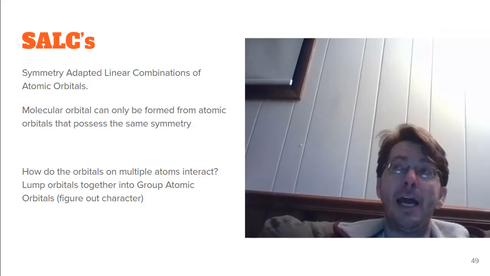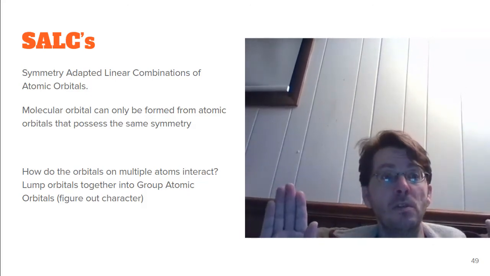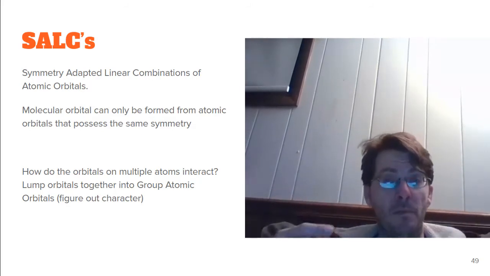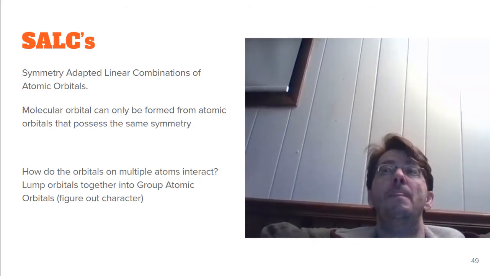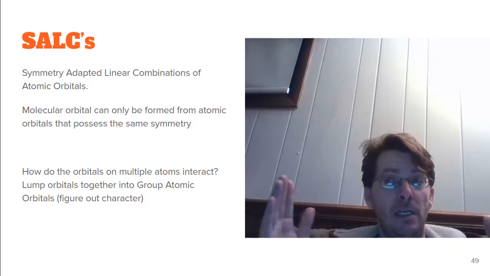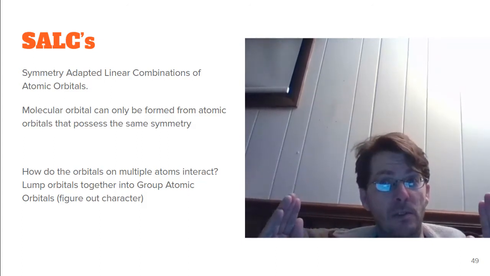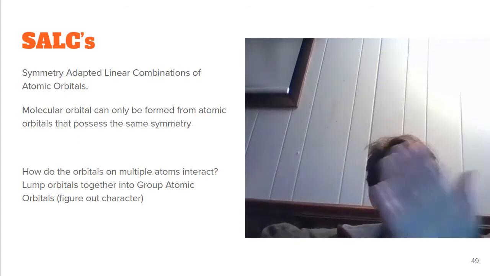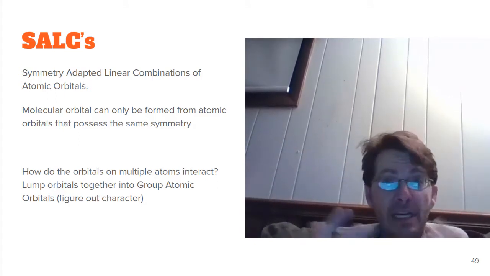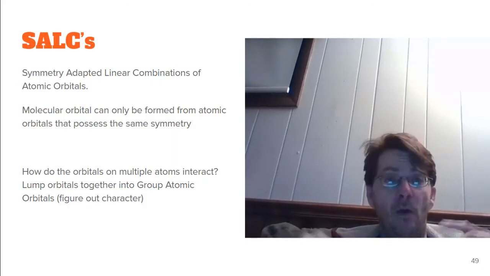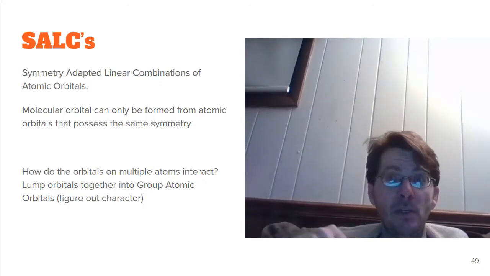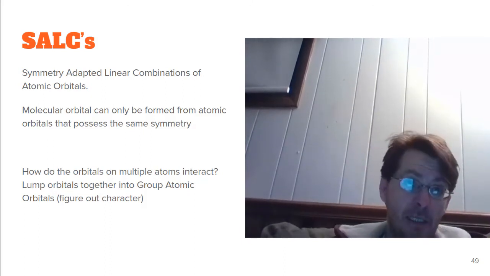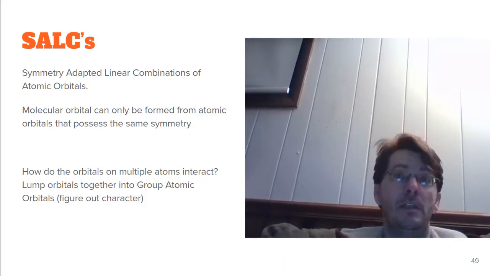When you have atomic orbitals in a point group that then form molecular orbitals, the symmetry of the atomic orbitals is now placed down in this three-dimensional framework. And all of the symmetry operations that we do are then operating upon your atomic orbitals.